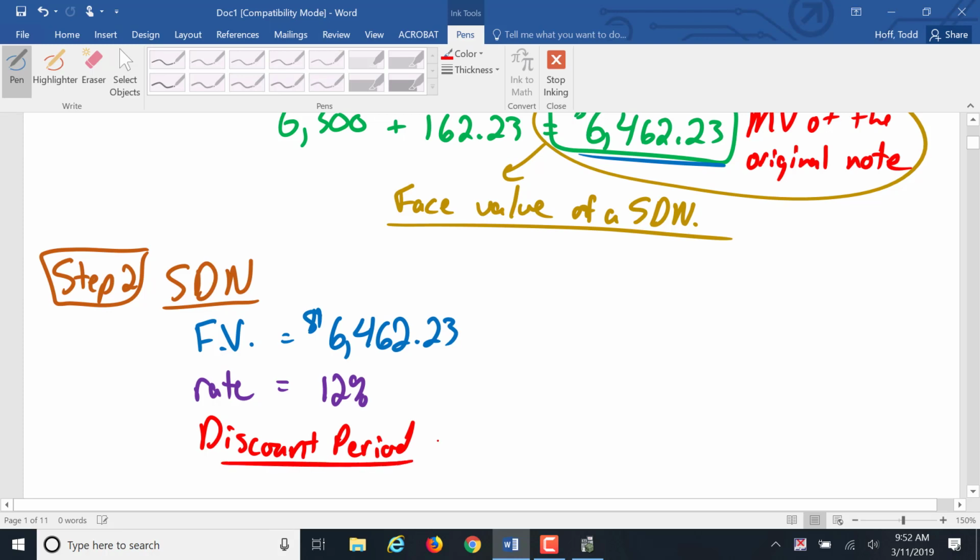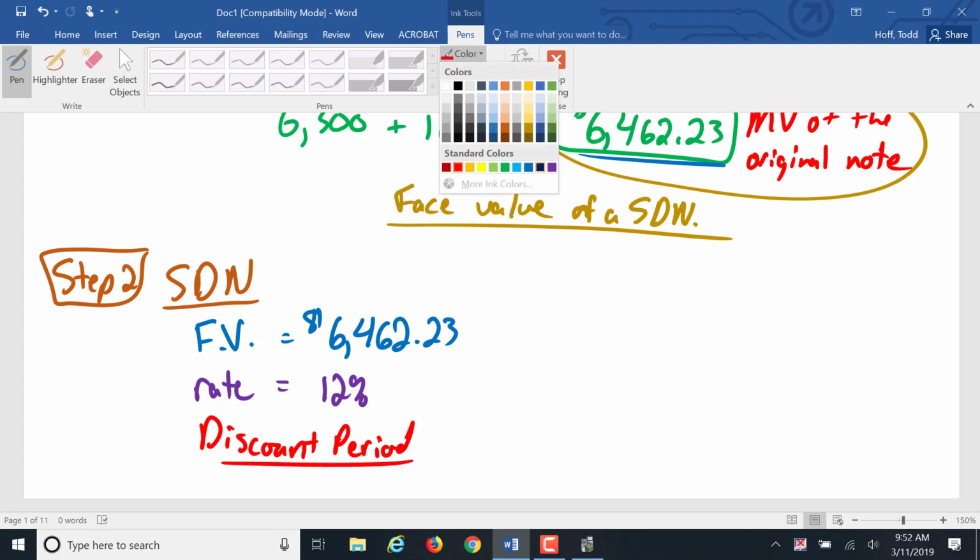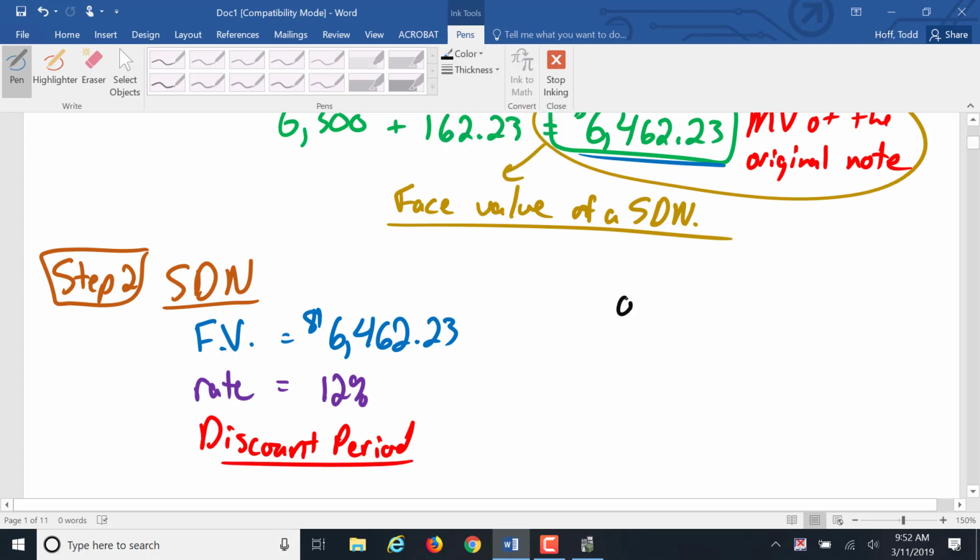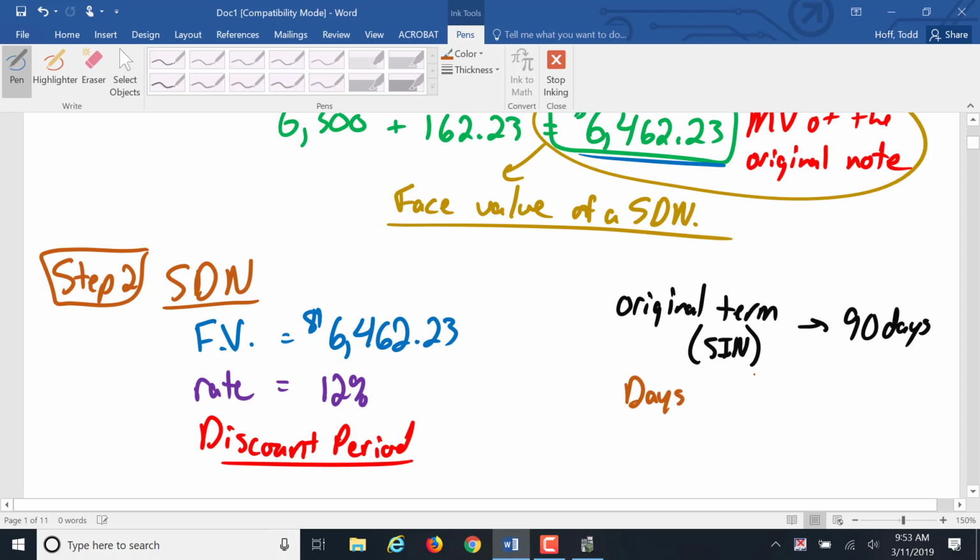This requires some calculation. The original term of that simple interest note was 90 days. The days gone by were 57 days because it was day 57 that it was discounted to the bank.